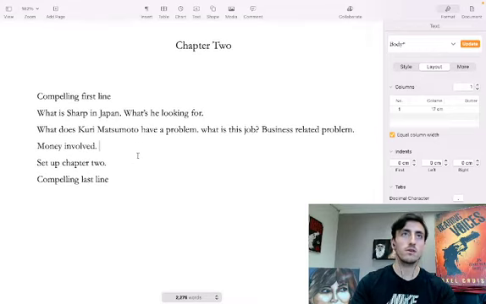Right, so this has got to be some sort of business problem. Money involved. Someone is double crossing or trying to double deal the Yakuza captain. I think that's a better term.